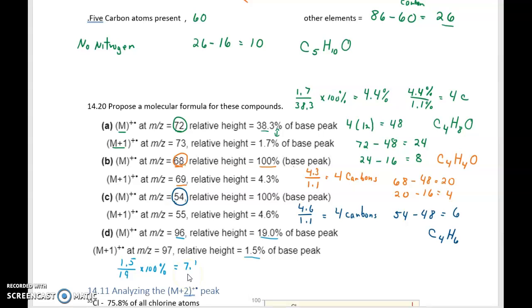It's 7.9. We'll take our 7.9 divided by the amount of carbon-13 in the environment, and we'll come up with a 7.1.